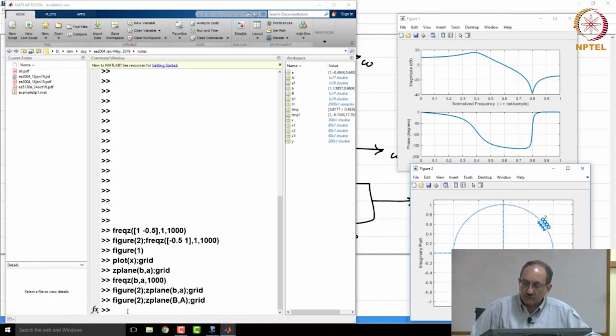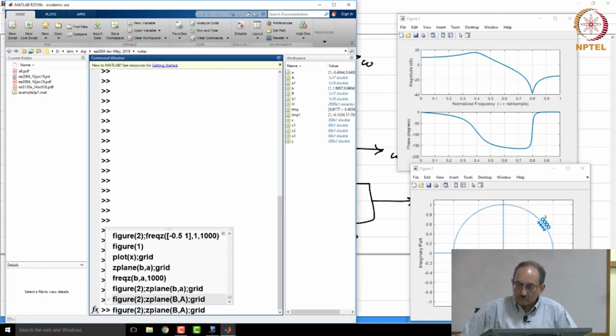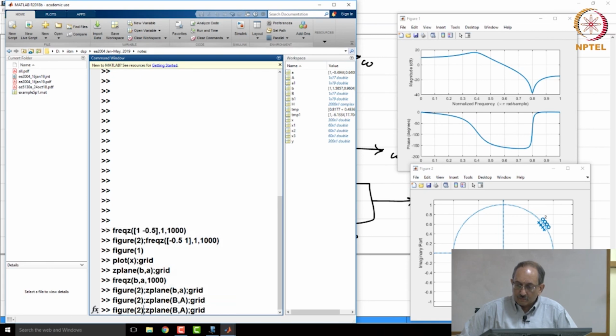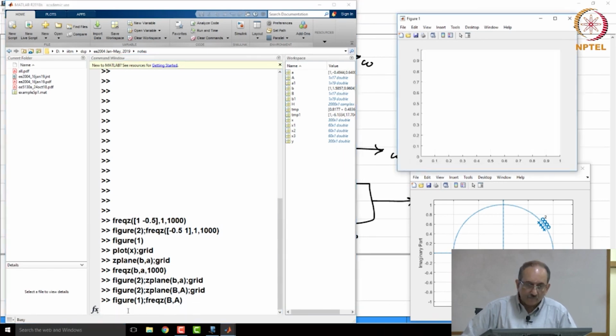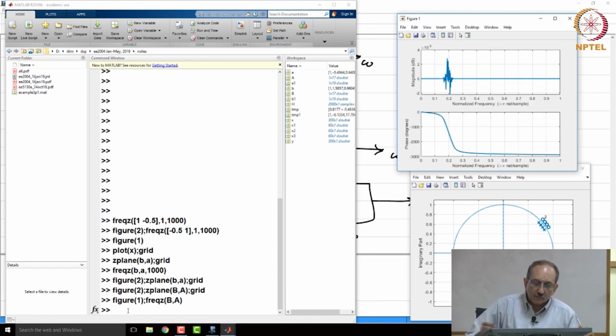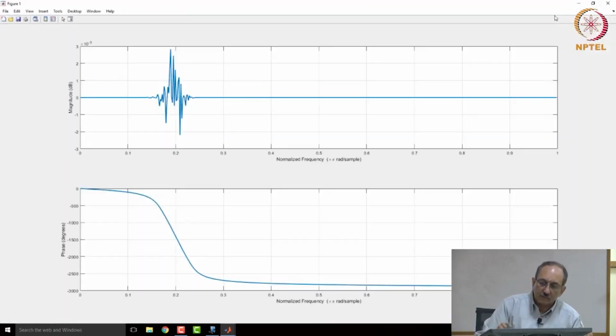So, frequency response, there should be no surprises here. So, this is freqz of B comma A. So, this is the corresponding frequency response.